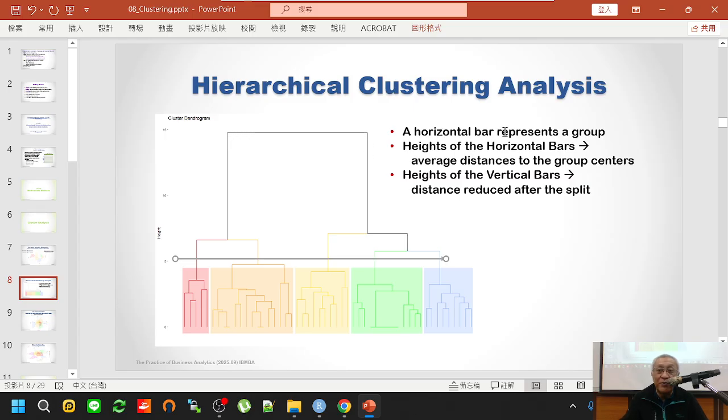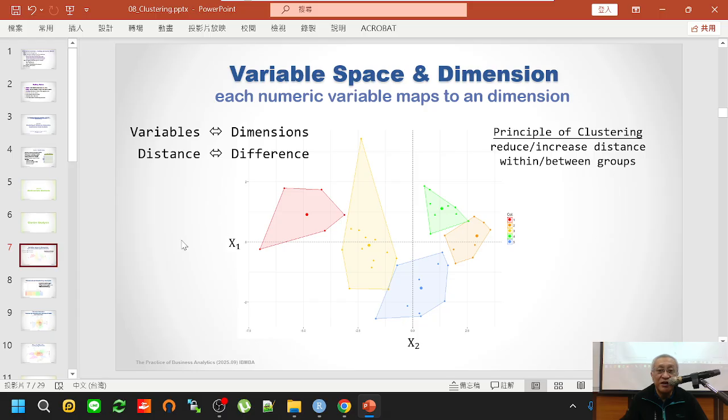The horizontal bar represents the group that I already mentioned, and the height of the horizontal bar represents the average distance to the group center. Let's take a look here. This is the group center, and this is a group center.